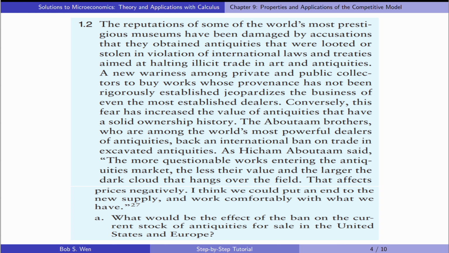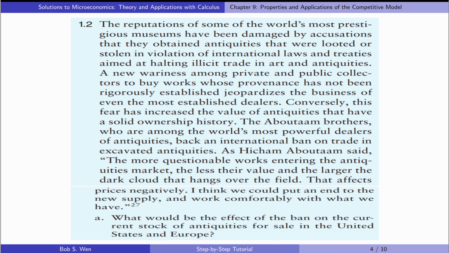A new wariness among private and public collectors to buy works whose provenance has not been rigorously established jeopardizes the business of even the most established dealers.